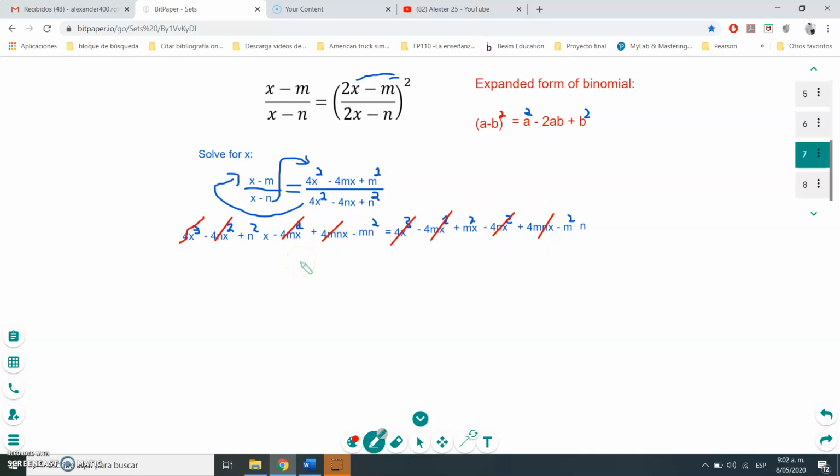So what is missing? So here we have these terms that don't have any other common term to simplify, so we write the same terms.